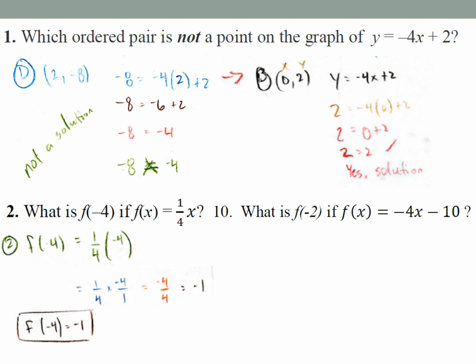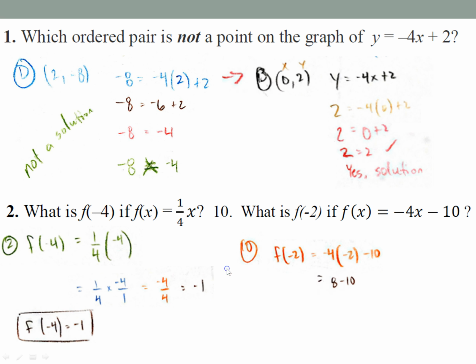And we're going to skip ahead to problem number 10. Why, you might ask? Because if you're looking at problem number 2, they're the same. So let's substitute in the exact same way that we did with problem number 2. Instead of f of x, I have f of negative 2, and I've got negative 4 times negative 2, because that's where the x is.